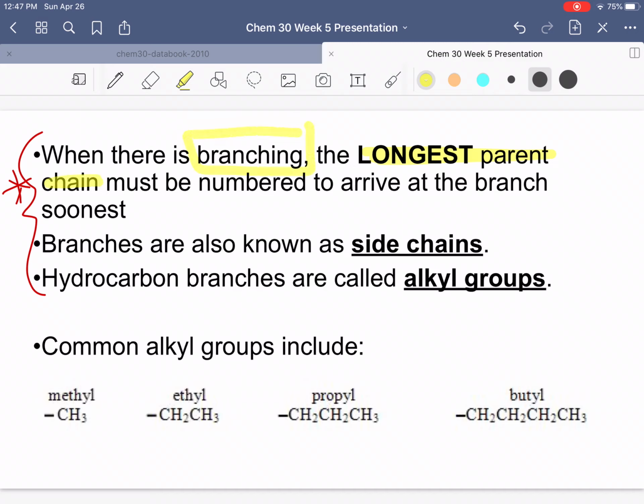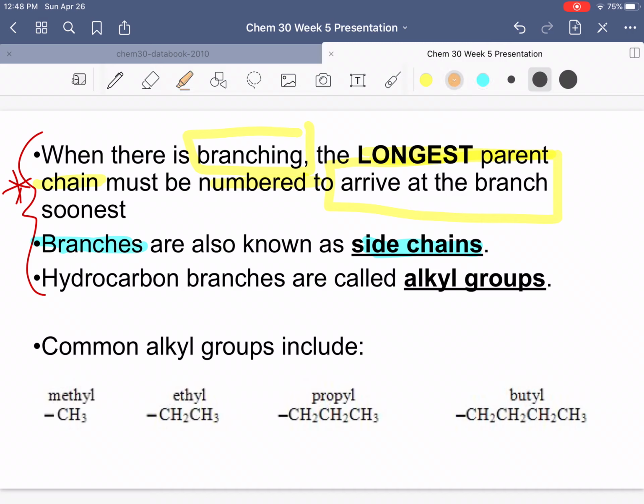So the longest parent chain is numbered, and you number it specifically to get to the branch the soonest. And when we show you examples, this will make more sense. So you always want the branching to start on the lowest number. Another word for these branches is a side chain. So you'll see the word side chain, branch, they mean the exact same thing.